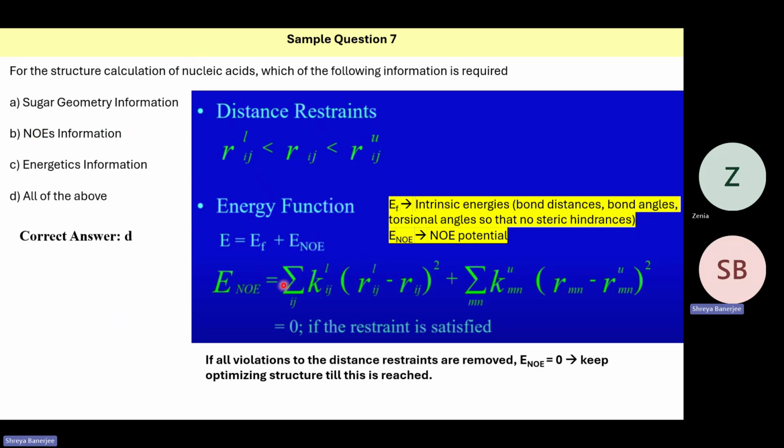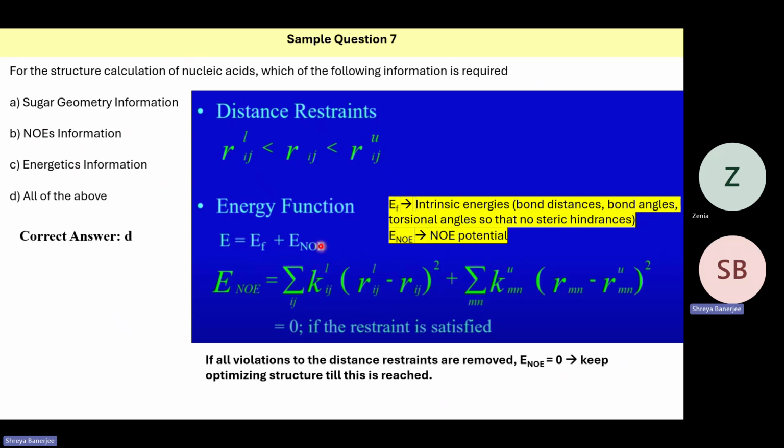And within the NOE itself, you will have information about the different geometry and distance constraints, as well as sugar geometry can also be part of the energetics information, that is the intrinsic energy. So the net energy function consists of two terms. The intrinsic geometry, which involves the bond distance, bond angle, torsional angles, in which the sugar geometry is definitely included, and we need the energetics information of the molecule.